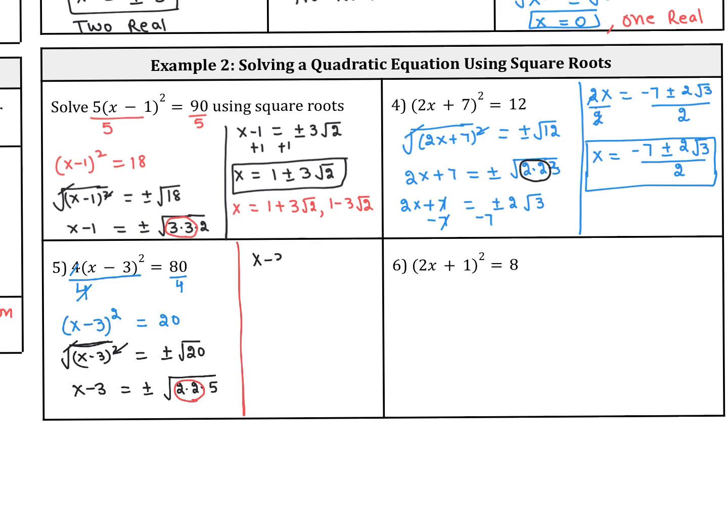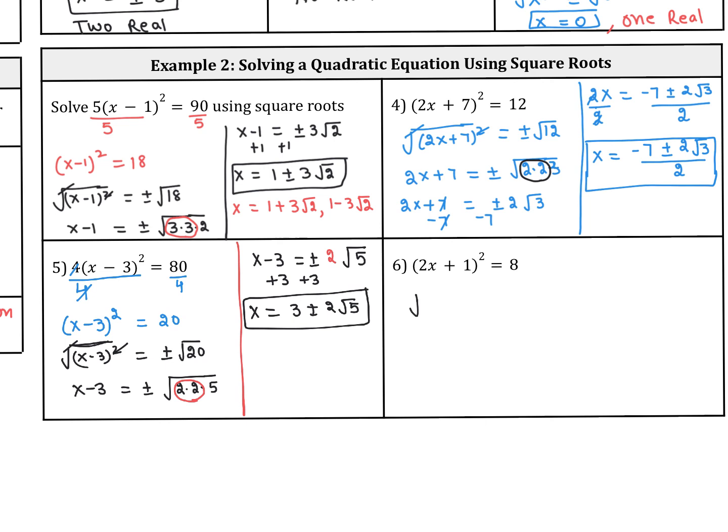In this case, you're going to take out 2, and inside left is 5. Solving for x, plus 3 on both sides. X equals 3 plus or minus 2 square root 5 is your final answer.